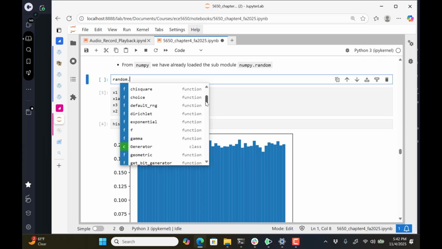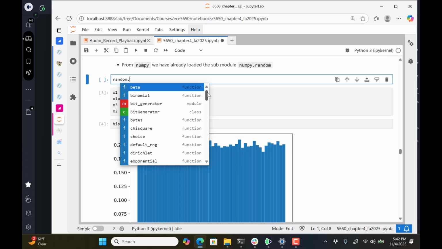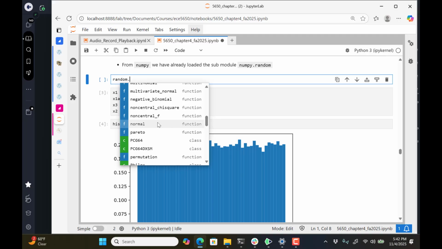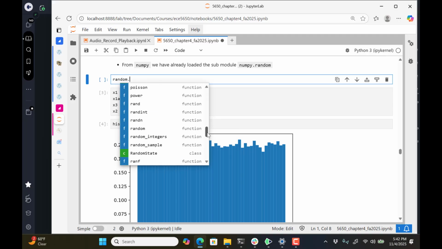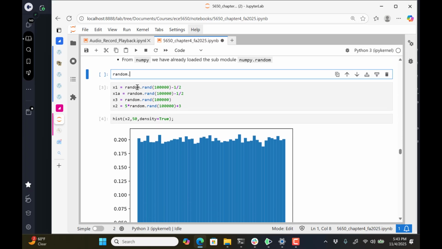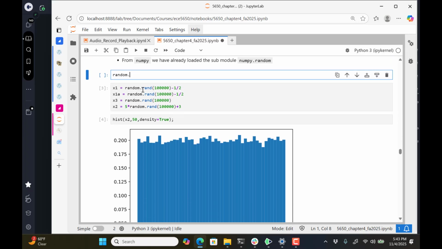The two that we're going to use are rand and randn. Those are the only two that we're going to use, but there's a lot of others in there. It used to be that those two were brought up to the top level in NumPy, but then they decided to partition them away. So in order to get access to them, you have to prefix the functions with random.